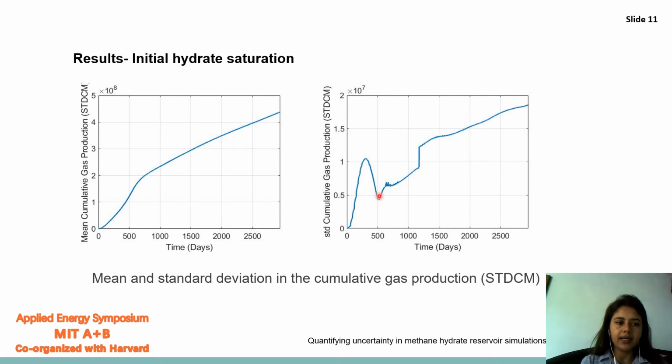After 500 days, there is a rise in the standard deviation peak, which can be explained by the variation in gas production. The mean gas production curve is more or less similar for both variables, porosity and hydrate saturation, but the standard deviation curve has a large difference. The gas production is more sensitive to the porosity of the reservoir.